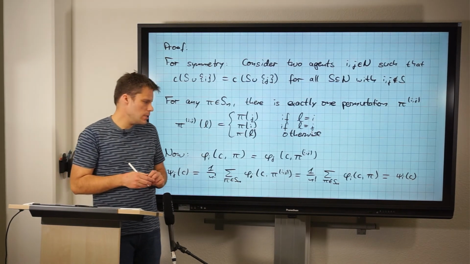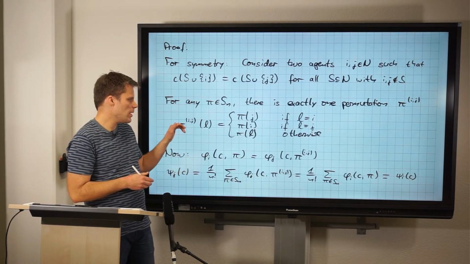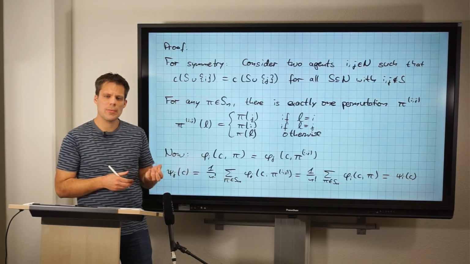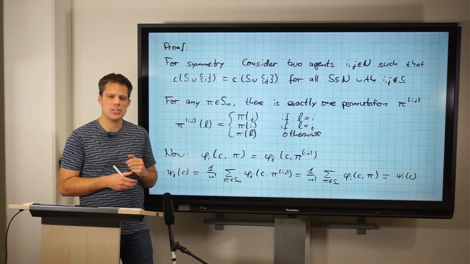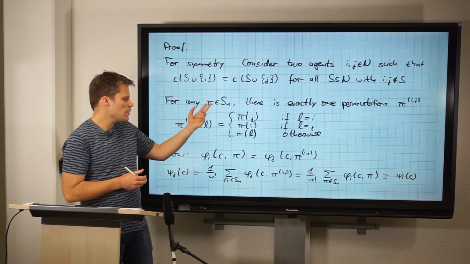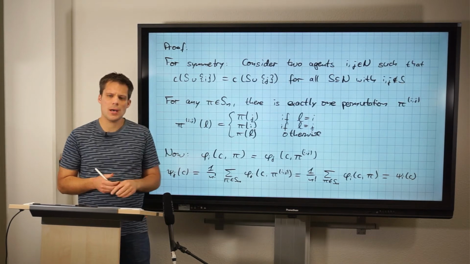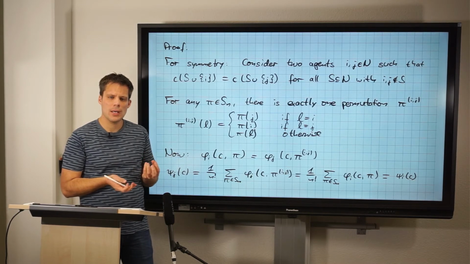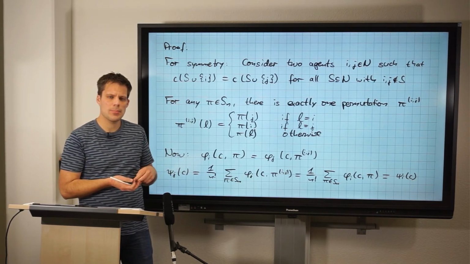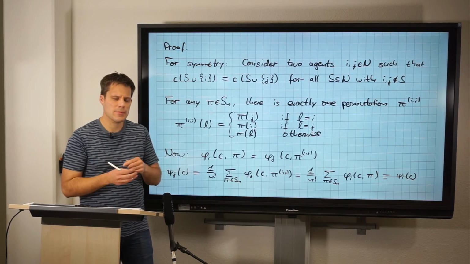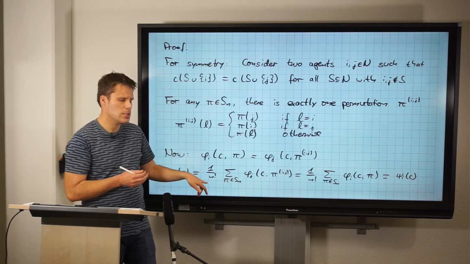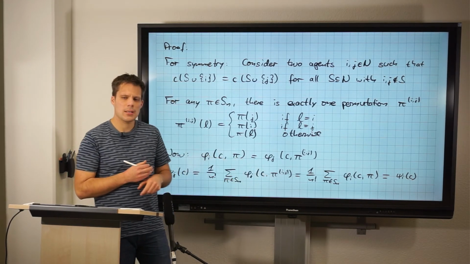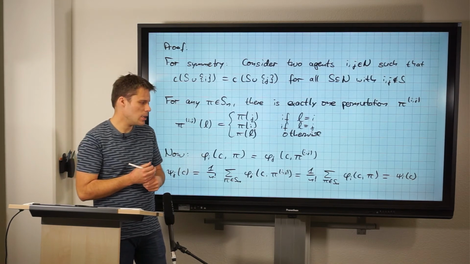What is important here is that it doesn't actually matter whether we take the sum over all possible pi or the sum over all pi superscript ij, because these permutations pi and pi ij are in one-to-one correspondence. For each permutation pi, there is the respective permutation pi superscript ij and vice versa. So we can also just take this sum over all pi, but still take here the pi superscript ij.